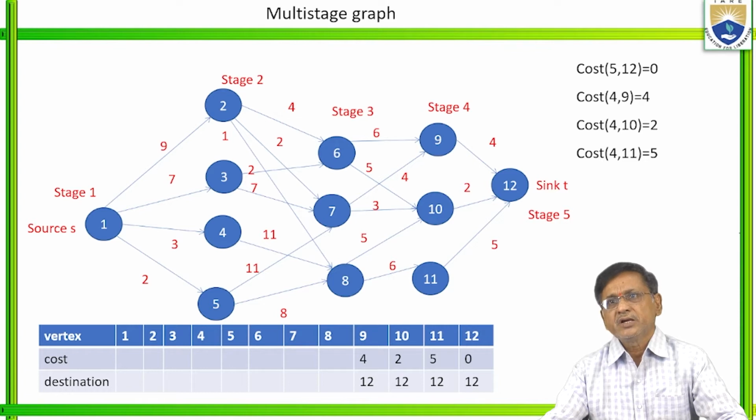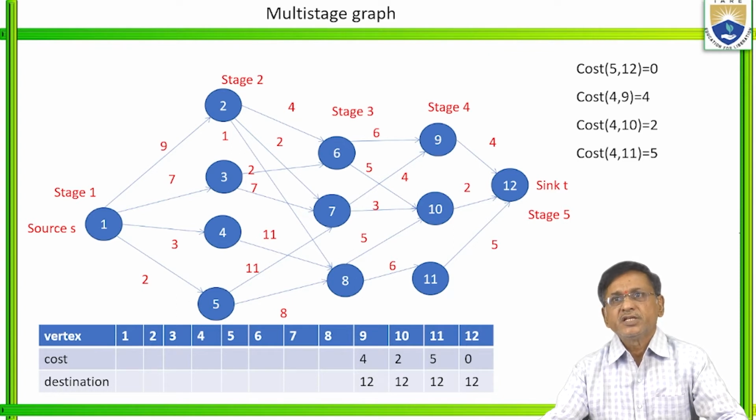Similarly, the cost of the vertex 10 corresponding to the fourth stage is 2, because 10 to 12 is 2 and 11 to 12 is 5. That means the cost of vertex 11 is 5 in the fourth stage. So that is corresponding to the fourth stage.